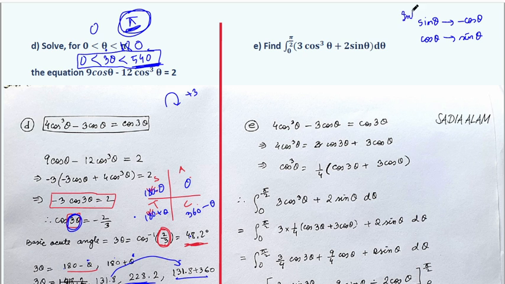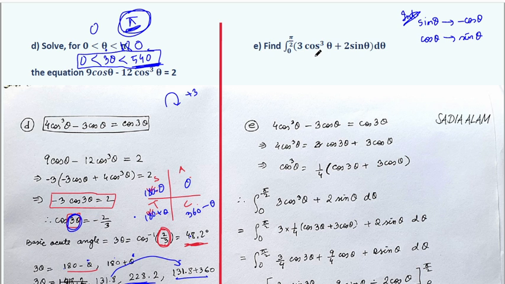So we can integrate sine or cos, but we cannot integrate cos cube. Whenever we have a power, we cannot integrate them. Since we do not have the formula for cos cube theta, since we have a power here, we cannot integrate them, so we need to replace them.